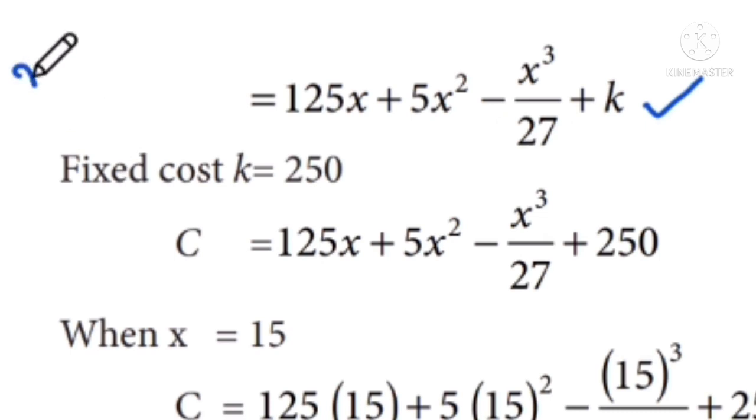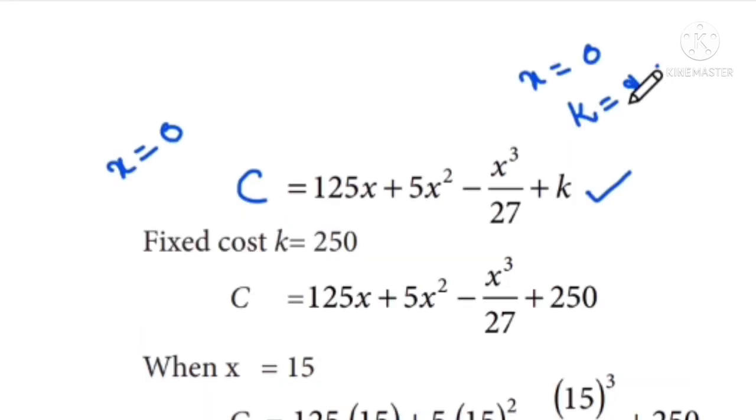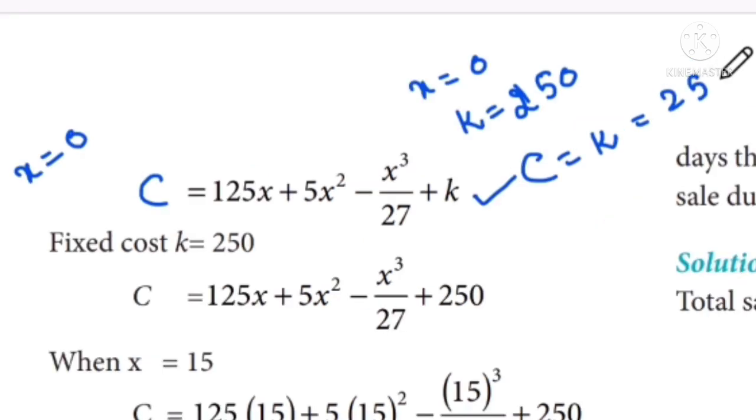Now put x is 0 to find the fixed cost. Put x is 0, you will get k. When x is 0, they have given the fixed cost is 250. So when you put x equal to 0, you will get C is k. That means it is 250, because k, the fixed cost, is given as 250.